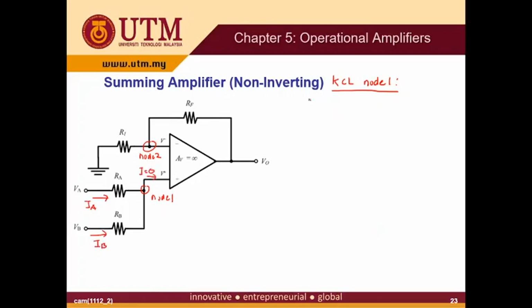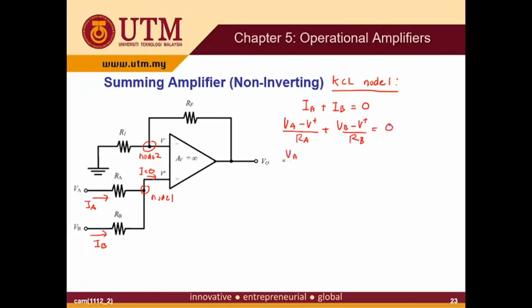So at node 1, IA plus IB equal to 0. IA is (VA minus V plus) over RA plus (VB minus V plus) over RB equal to 0.